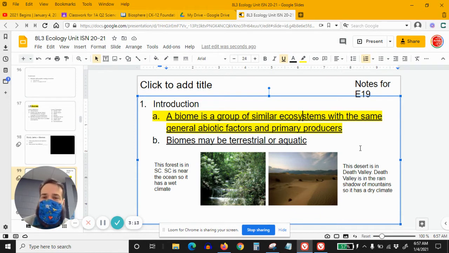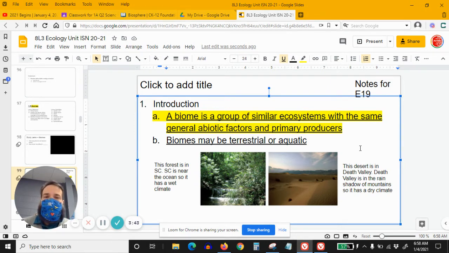It might be a rocky desert, or it might be a sandy desert, or it might be a beach where there's ocean water and sand, or it might be a forest. Okay, but you're going to have those general factors, similar amounts and kinds of H2O, similar kinds and types of air, moisture, humidity, all that stuff is going to be generally about the same. Rainfall, for example, is a big one.